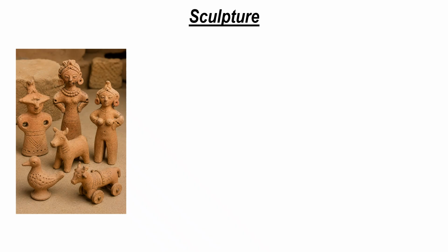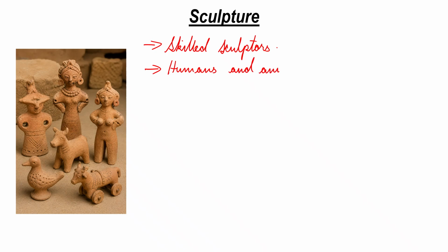Now we'll go to another important aspect, which is sculpture. So this is also a very short slide. Harappans obviously had very skilled sculptors. What else did they have? The sculptures included humans, we have already discussed this, humans and animals.